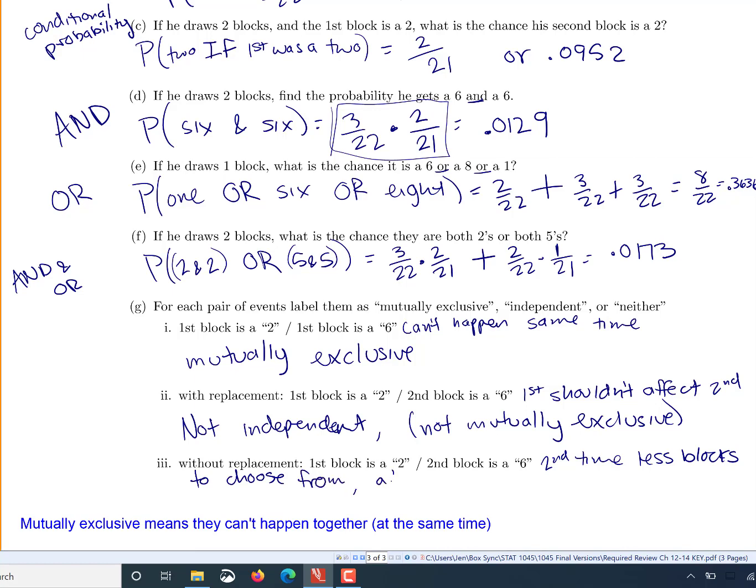So they are affecting each other. So they would be dependent. Or in other words, not independent. And then also they are not mutually exclusive because they can happen together. So in this case, it was neither.